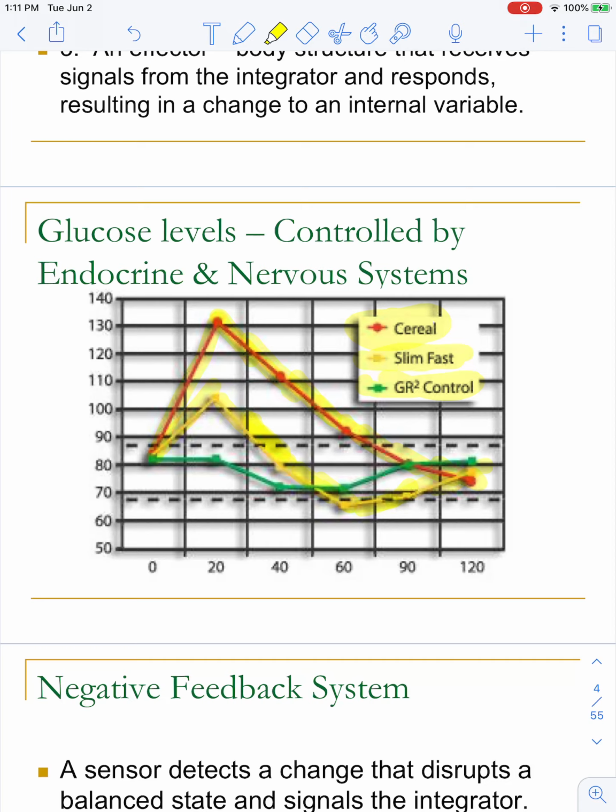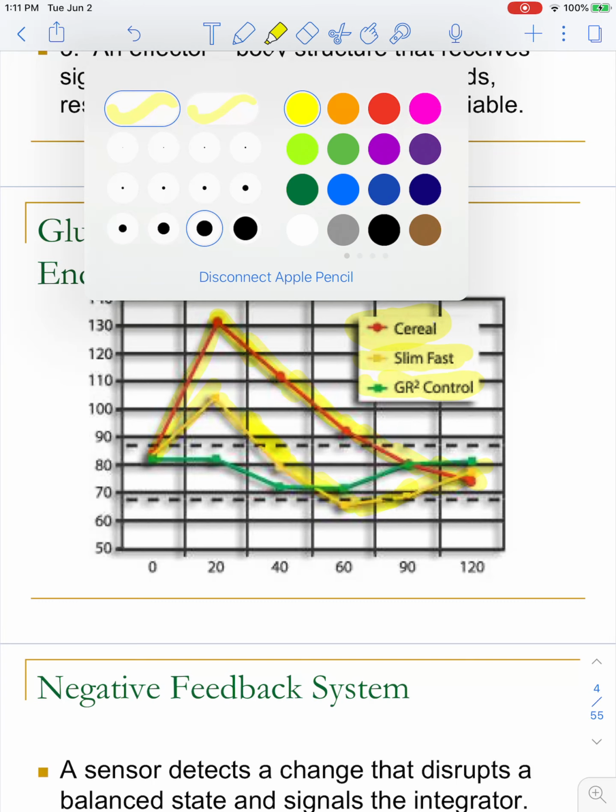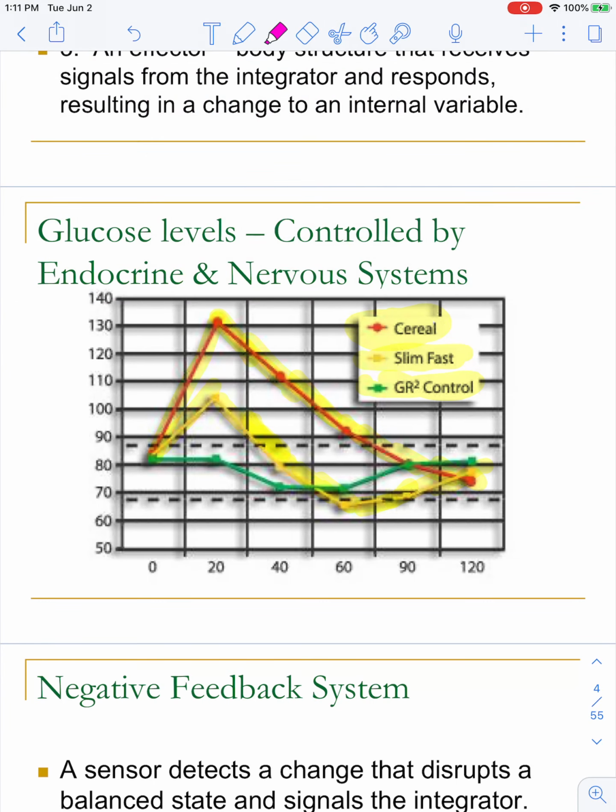Now, interestingly enough, if you don't eat, your body still has to maintain a steady state. So here, this person didn't eat, so their blood sugar levels go down. And then this is processed in the brain, and signals are sent out to remedy the situation or increase blood sugar levels so that we're back into homeostasis. So you may remember we have glycogen stores.